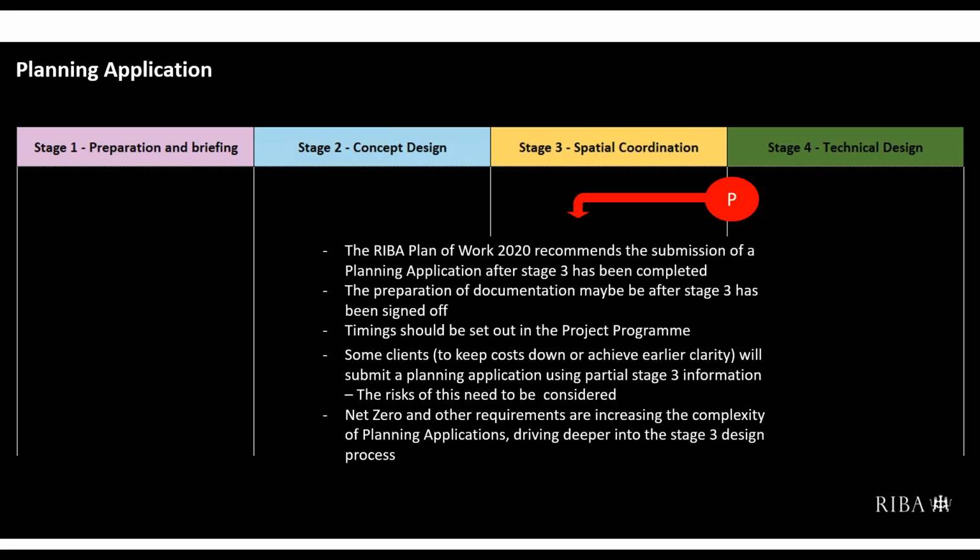Going to a planning application earlier than the end of stage 3 does maybe reduce the design cost, but it comes with some risks which clients that are not used to doing buildings day in, day out, that have greater clarity that they will achieve consent, may wish to take. So really important to understand the risks associated with submitting a planning application before the end of stage 3. Next slide.